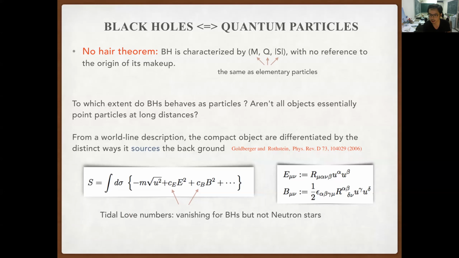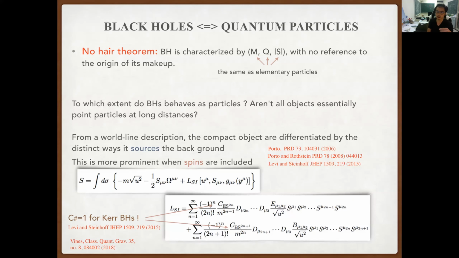And these E's and B's are the electric and the magnetic part of the Riemann tensor. So for example, in this case, the Wilson coefficients correspond to the tidal Love numbers, which basically describe how the black hole or the compact object stretches in an external gravitational field. So this number would be 0 for a black hole, but non-zero for a neutron star. So there will be a distinction.